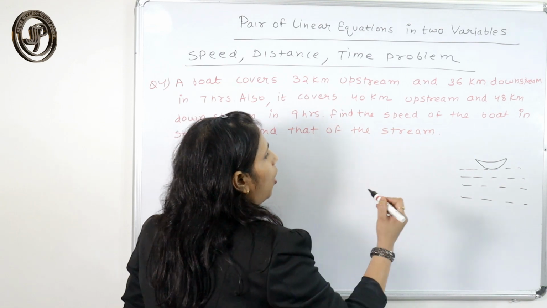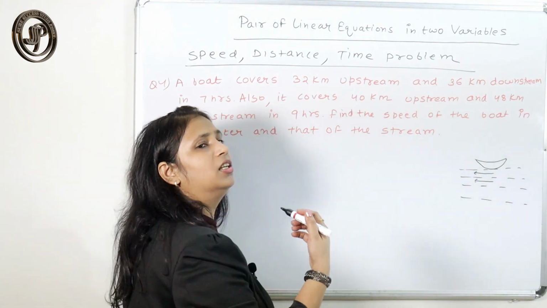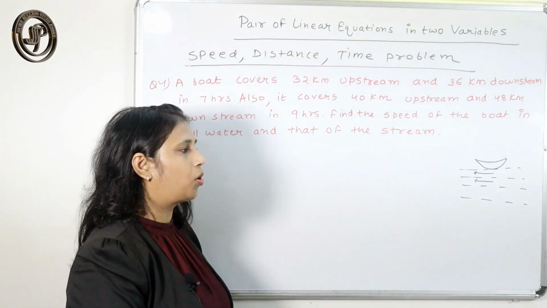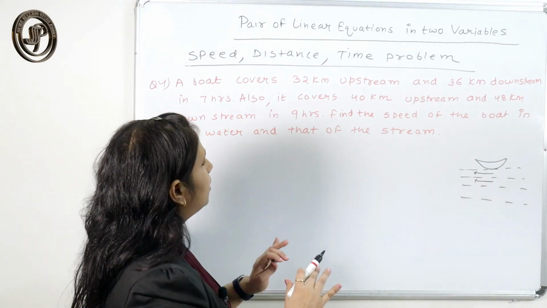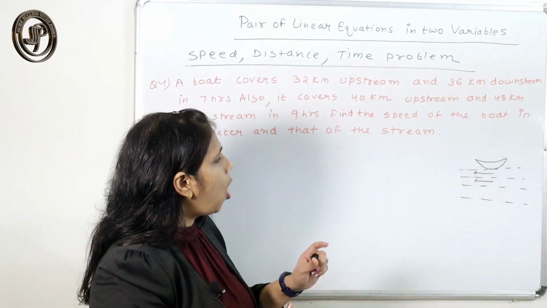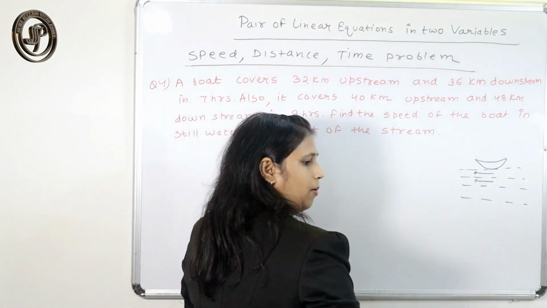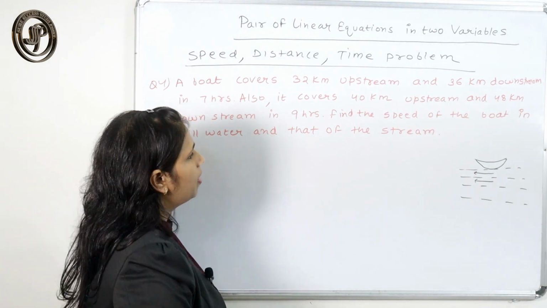Now the boat is going in this direction in still water, then the boat will go with its own speed. Here we just consider that there is no stream, that is, the water is still. Now the boat is moving with its own speed.